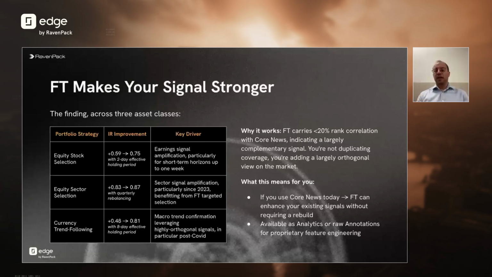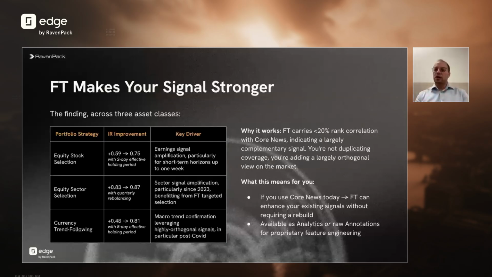So it's not just a duplication of coverage, it's actually adding some new orthogonal information that you can take advantage of. And what it means to you, if you are an existing RavenPack client of our core news, is that you can easily take the Financial Times dataset and enhance your existing signals without having to invest a lot in any sort of rebuild. The dataset basically looks and feels like what you're used to with RavenPack Analytics.